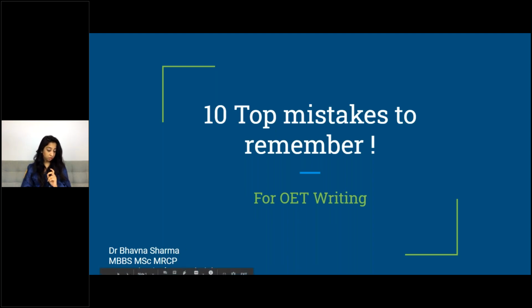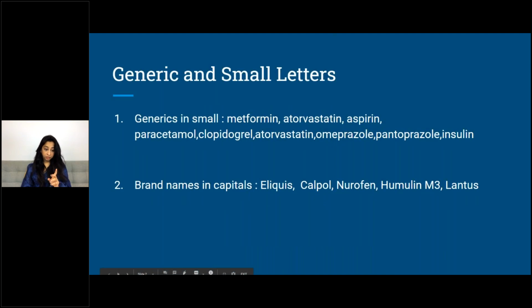The first thing which people have been asking us over the past few weeks is about writing medications on OET writing. Guys, just remember your generic medications. Some people get confused between what exactly is a generic medication and what's a brand name.